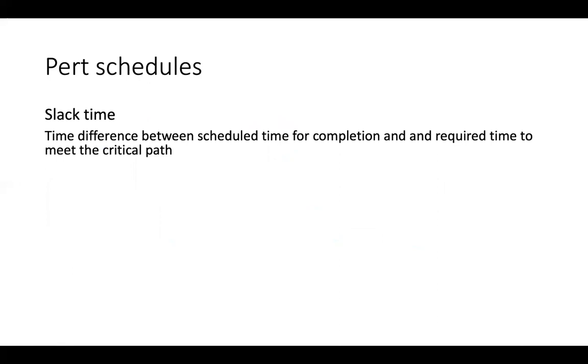The reason why it's so important to address the critical path is that we need to calculate something called the slack time, which is the difference between the scheduled time for completion and the required time to meet the critical path in a project.